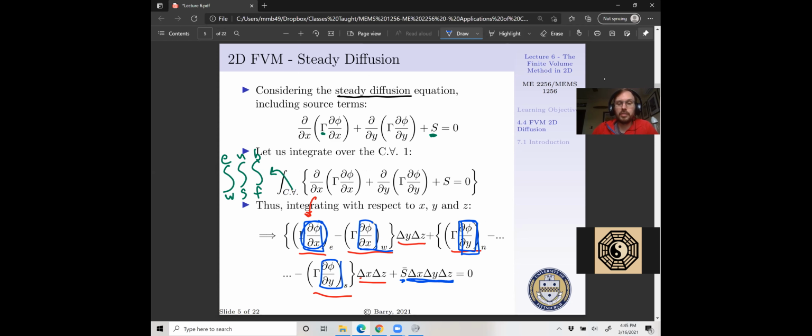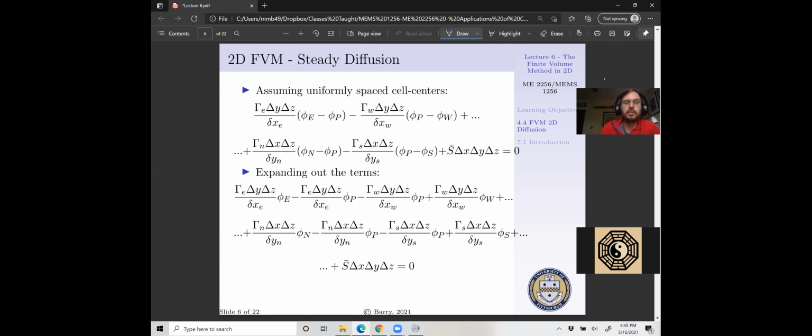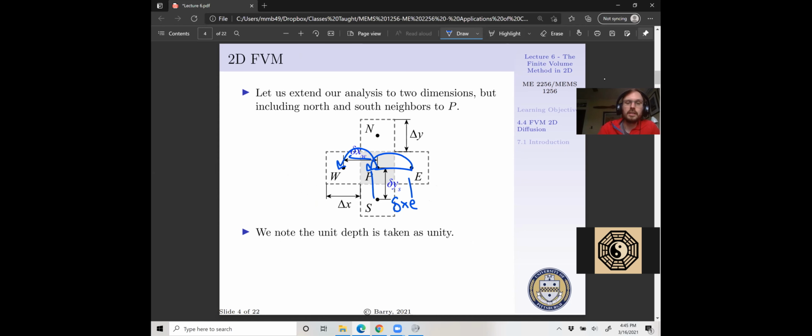Our derivative of phi with respect to y, the partial thereof evaluated at our north face, would be phi north minus phi p per delta y north. And then our other derivative would be phi p minus phi south per delta y south.